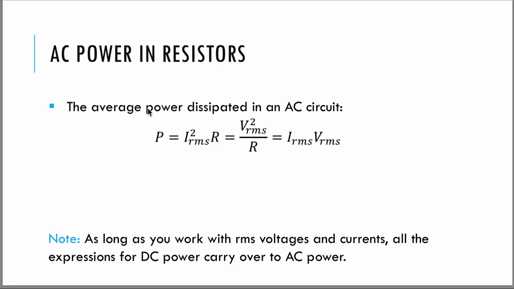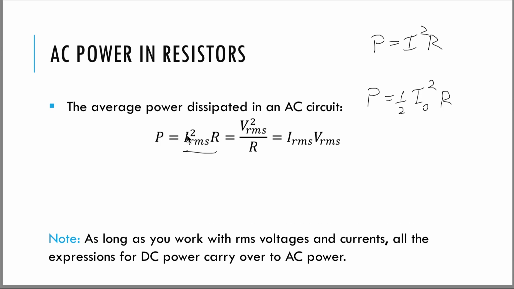So now that we've defined the RMS value, to find the average power dissipated in your AC circuit, instead of writing that the average power is 1/2 of the maximum current squared times R, which is not as useful because it doesn't look like the old expression that we love, I squared R, we're going to use the RMS value.